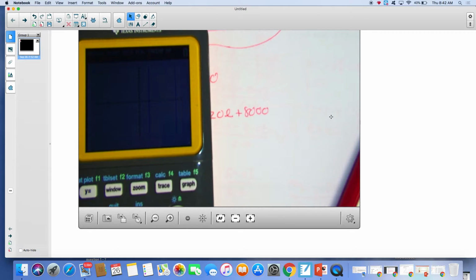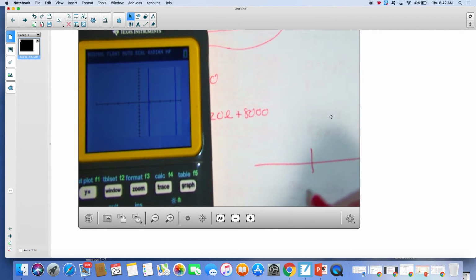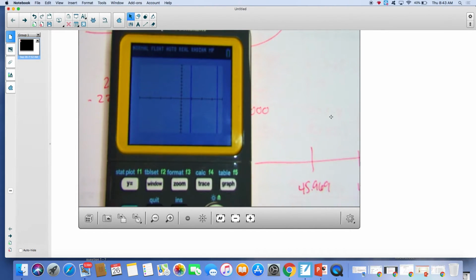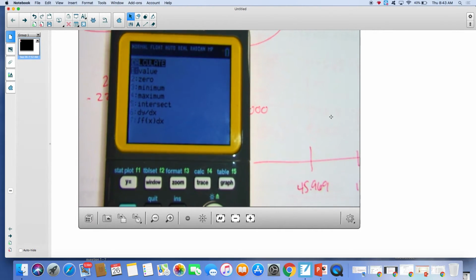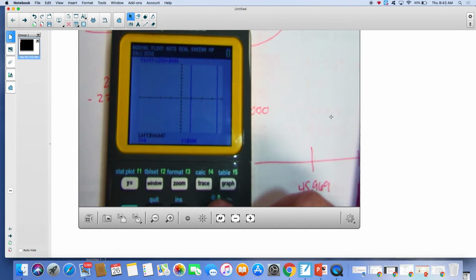So what'd you find for the x's? What'd you get for x-intercepts? 45.969 and 174.031. How? Second, calculate, zeros, which is 2, and then I'm going the wrong way.